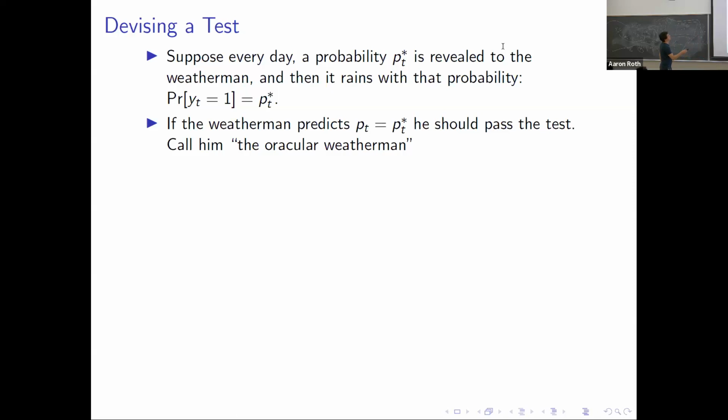If that's what he's doing, let's call him the oracular weatherman. He has some kind of oracular knowledge of the weather. Then the test we design, the oracular weatherman should pass it. It's not an interesting test if it would fail him even if he knew what he was doing. And in order for it to be an interesting test, it should at least be possible to fail the test.